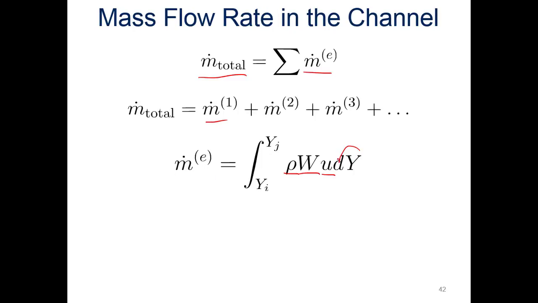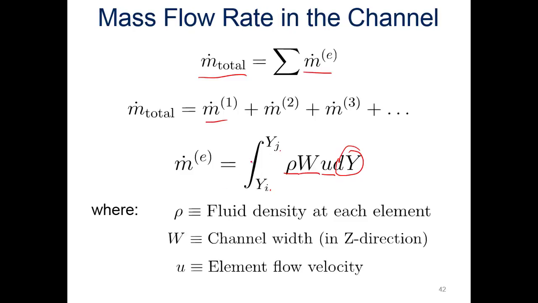And we're going to integrate that with respect to y from node i to node j to solve for the m dot for that given element. So rho is the density of the fluid, w is the channel width, and u is the element flow velocity. With those we could calculate the total mass flow rate by summing up all the mass flow rates we got from each element.